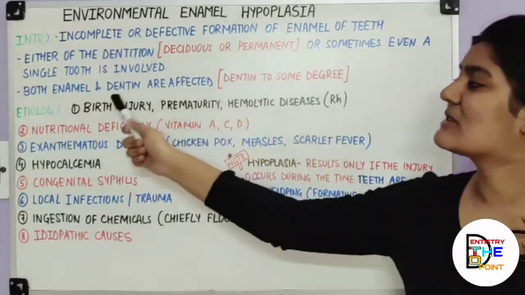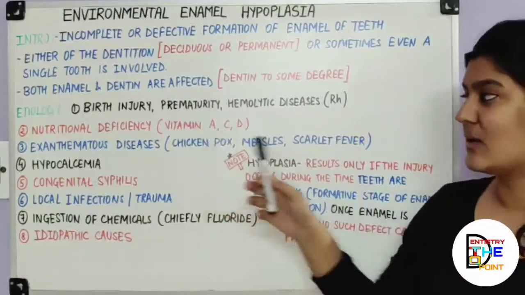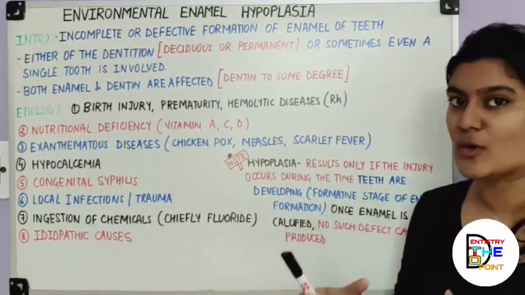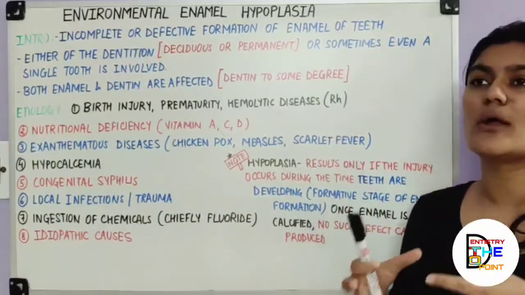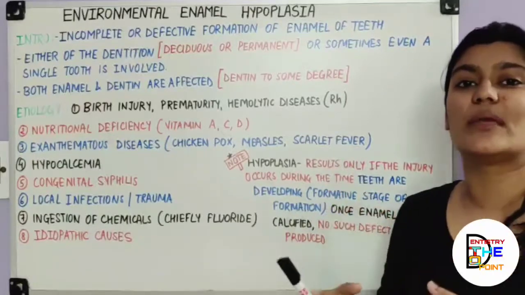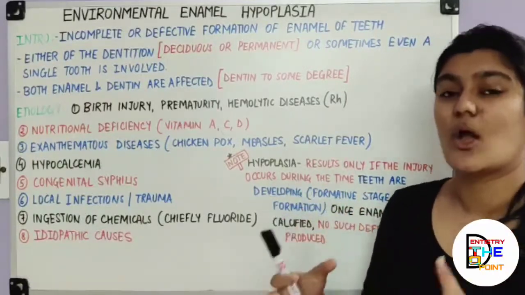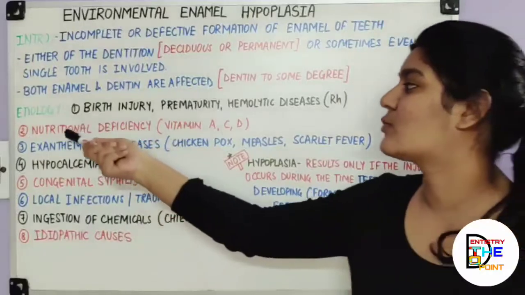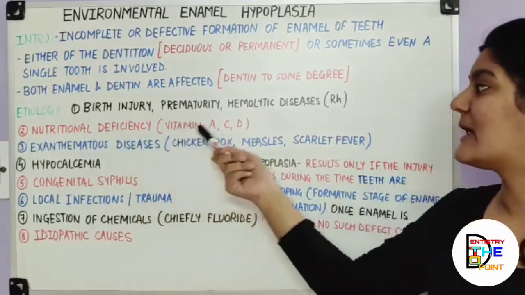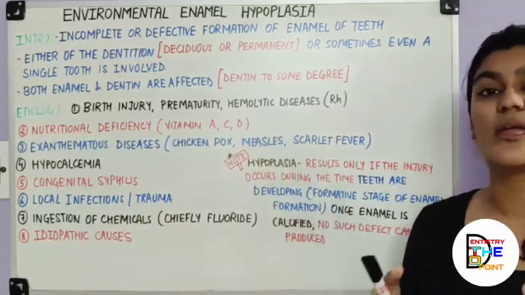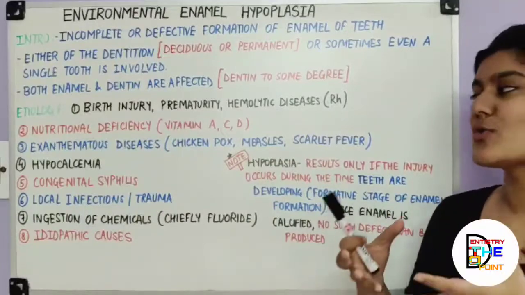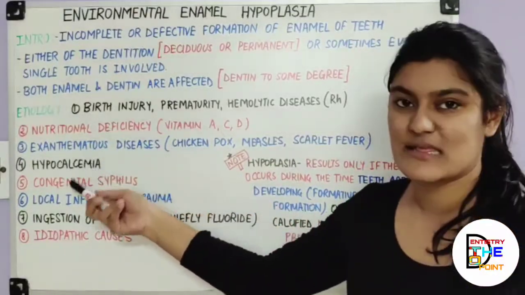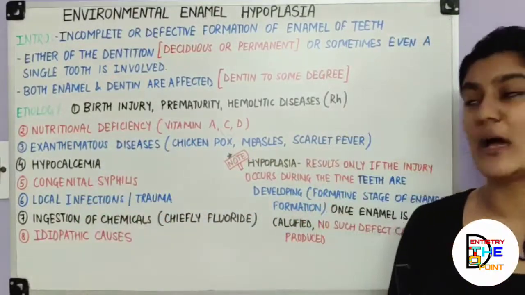That is to be remembered along with birth. Now the baby is born, and the baby is very weak. Weak means nutritional deficiencies, vitamins A, C and D. Also, the baby has hypocalcemia, that is the calcium levels are down.